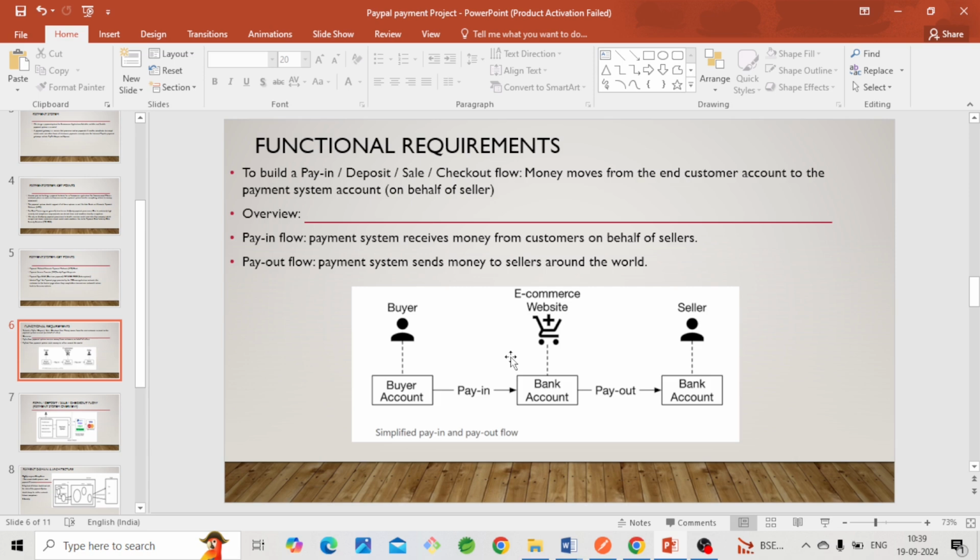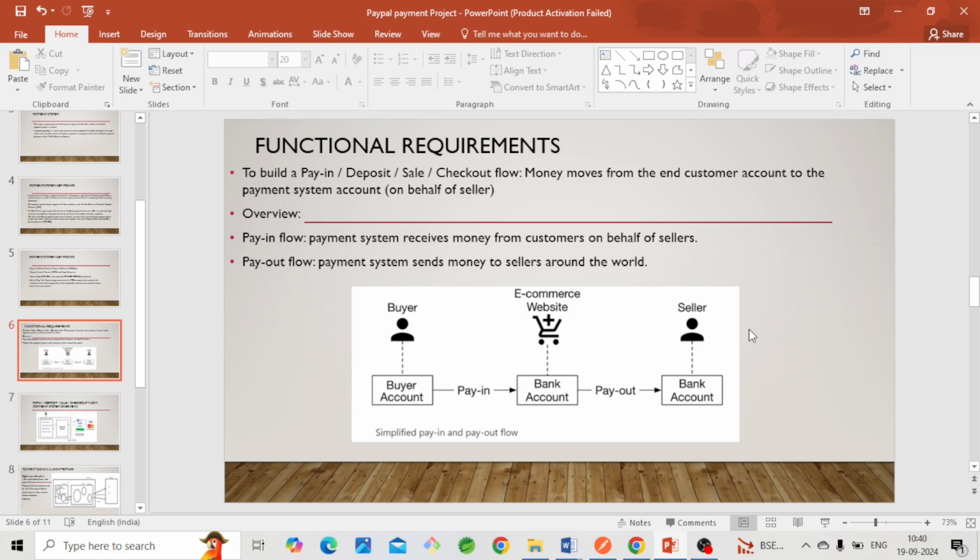Then what is meant by the payout flow? So the payout flow is where the payment system sends the money. Suppose PayPal or Stripe, that payment system sends money to the sellers around the world. Suppose we consider Amazon.com.